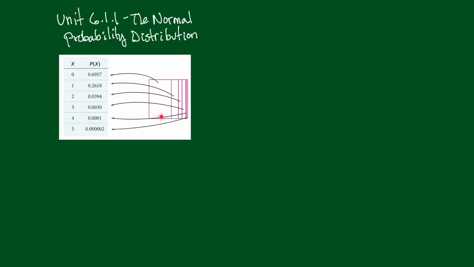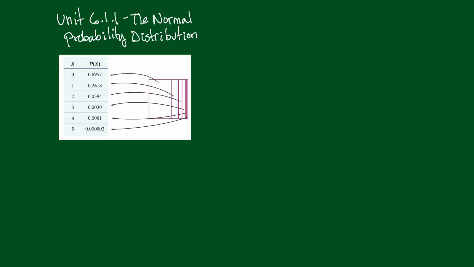So this much will go to 0. So the probability of getting 0 would be this much. The probability of getting a 1 would be this much. The probability of getting a 2 would be that much right there. All right, that's for a discrete probability distribution. So now we're going to move on and go to continuous probability distributions.